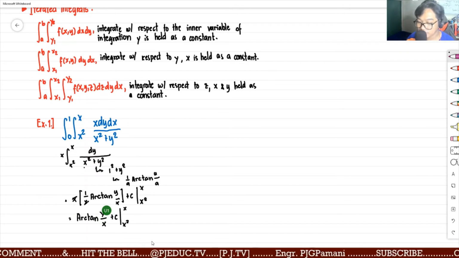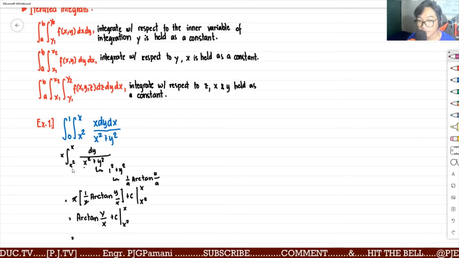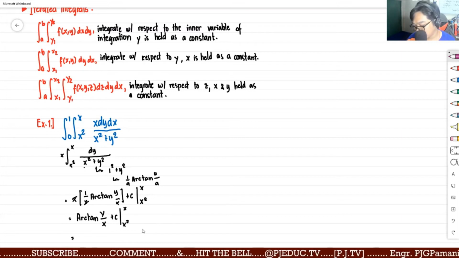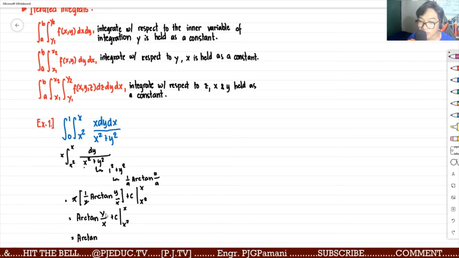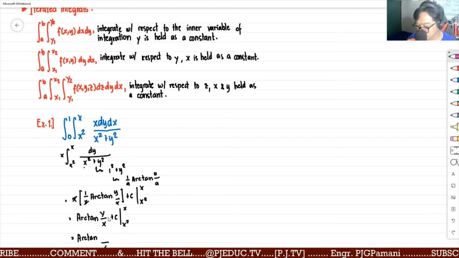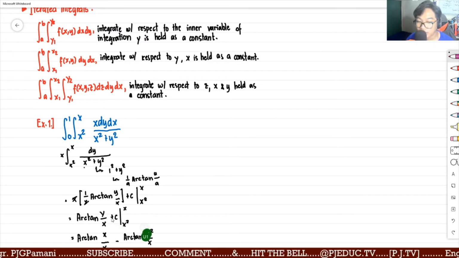Okay? Then substitute your upper and lower limits. Arctan for this first integrand, remember, ang variable natin dito is y. So lahat yan, upper limit and lower limit, will be substituted to variable y, such that x is held as constant. So x, then substitute si upper limit minus arctan, substitute si lower limit, then over x.